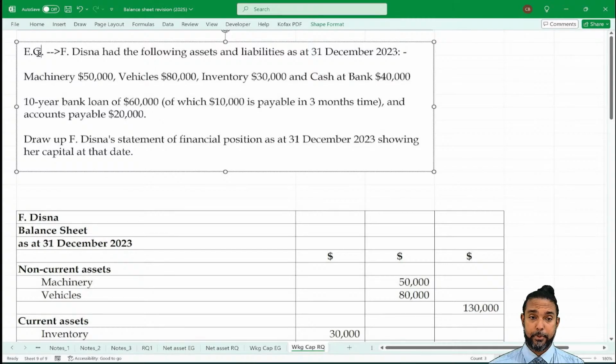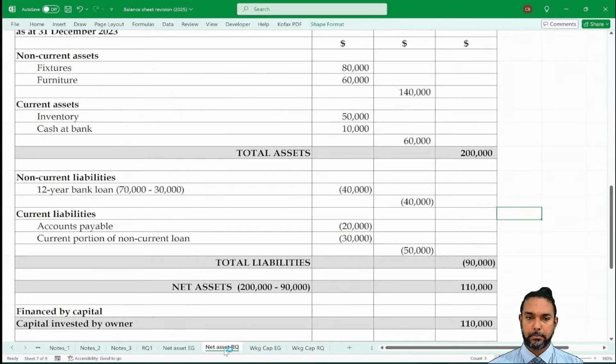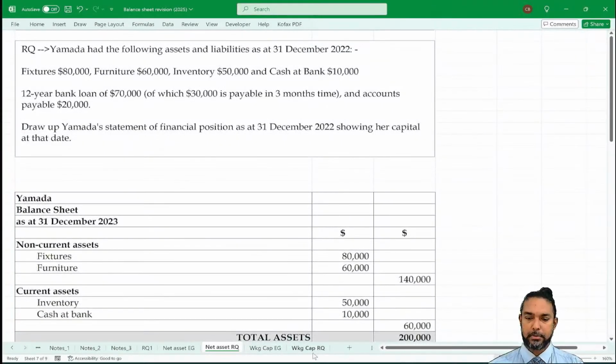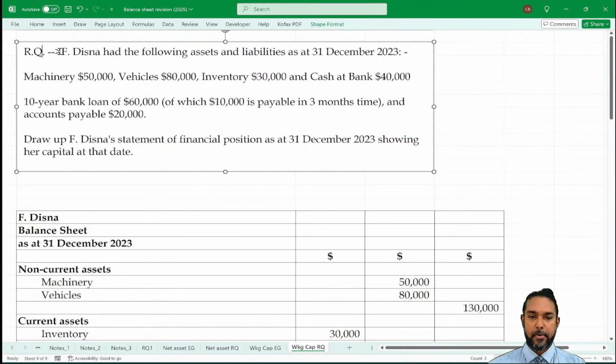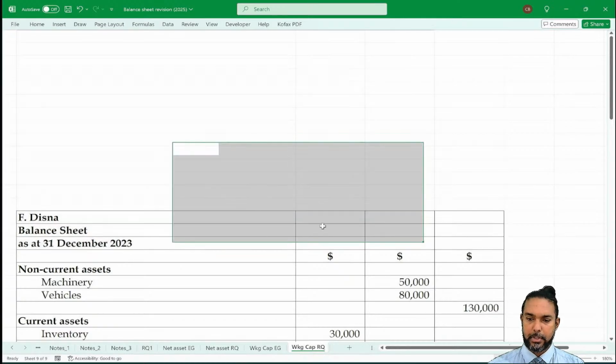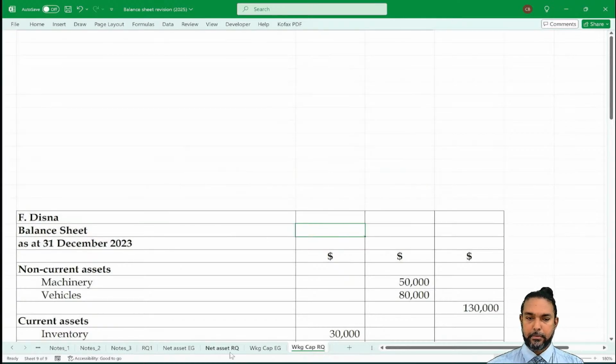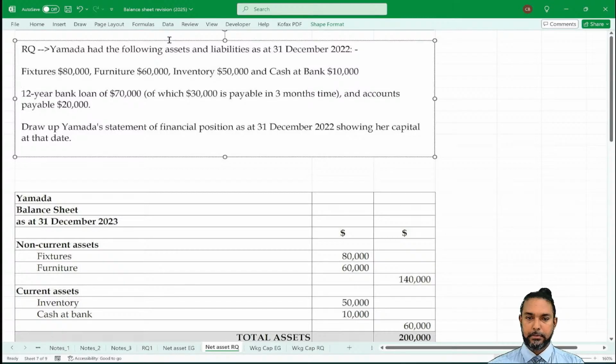Right, okay, so the RQ. Yeah, let's go with the Yamada. Oh, I know what I'll do. Right, so we'll actually use the same information from the previous question again.